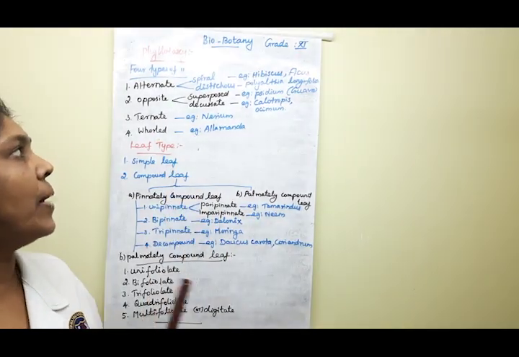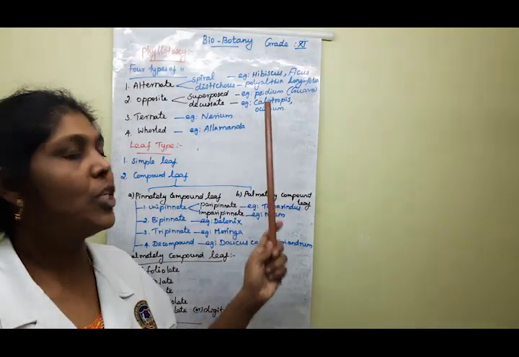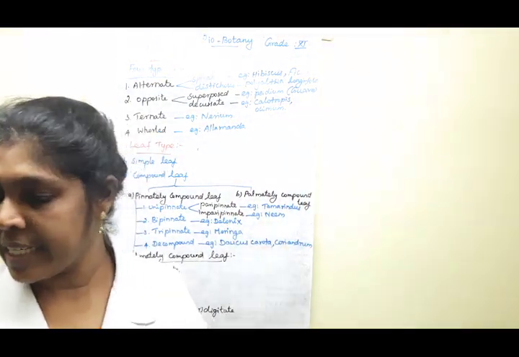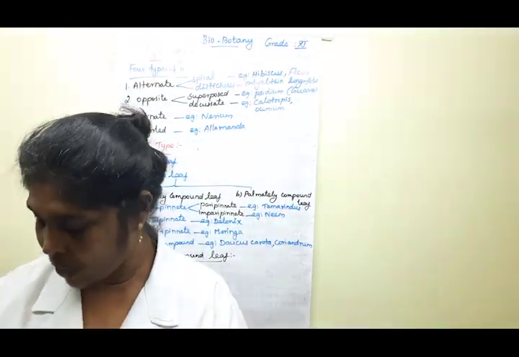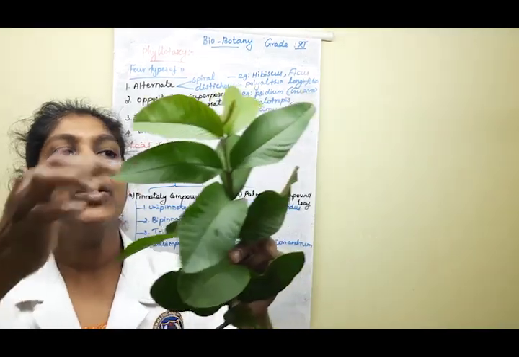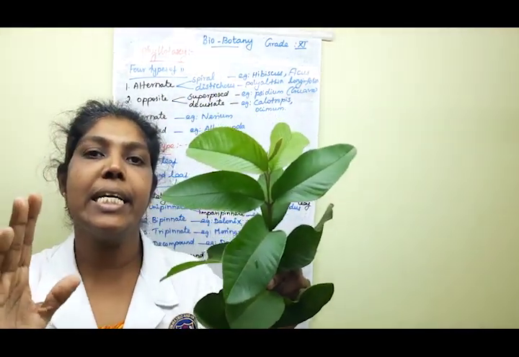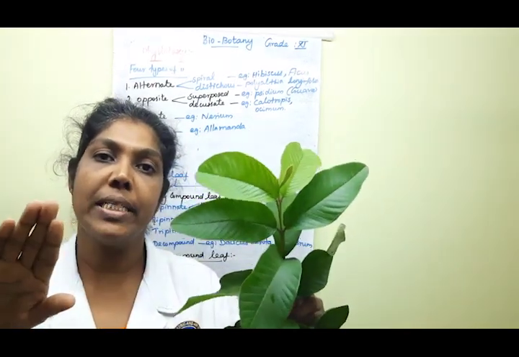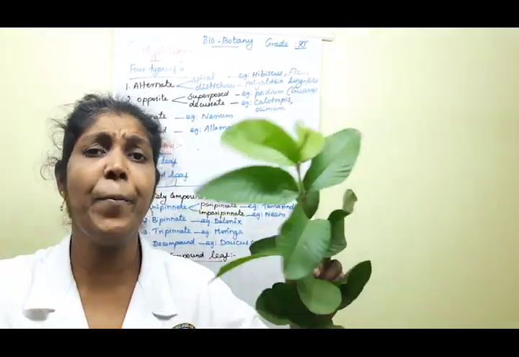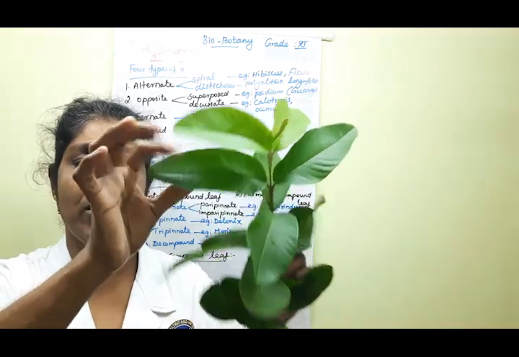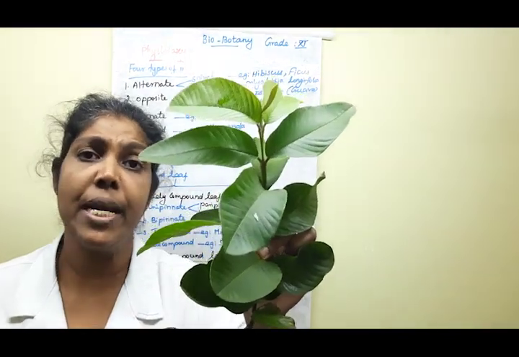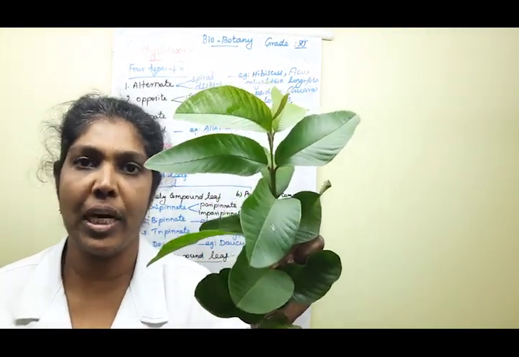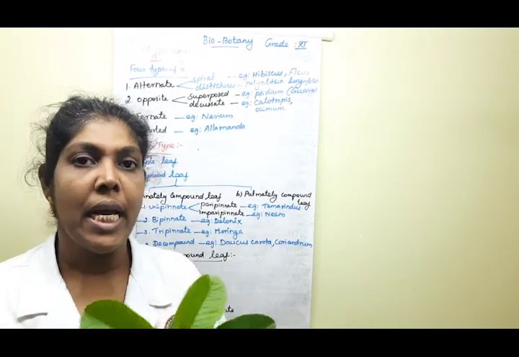The first one, superposed, means that each nodal region bears two leaves going in an opposite manner, the ordinary one. Examples are Syzygium and guava species. Clear? Next one is opposite decussate.